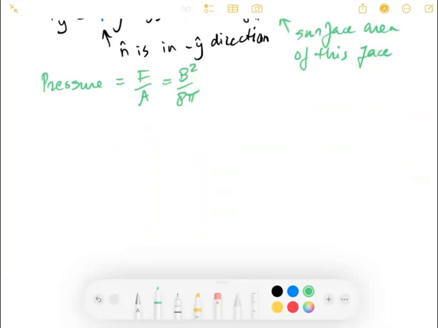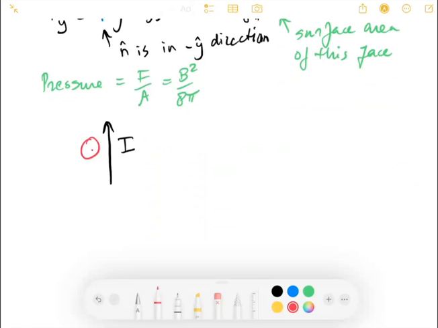So let's just do a check. Let's say we have a current in this direction and a magnetic field in this direction. What would be the direction of the Lorentz force on this current carrying wire? Use your right hand rule.